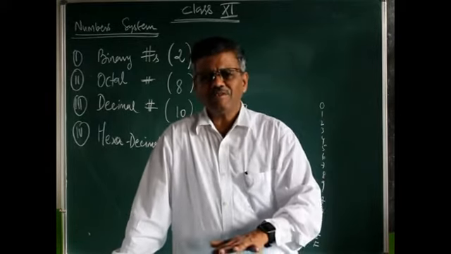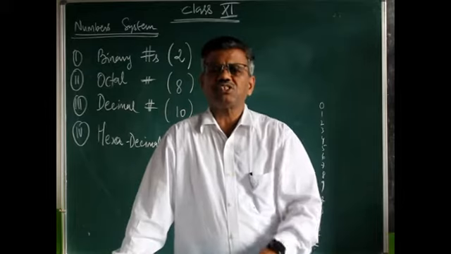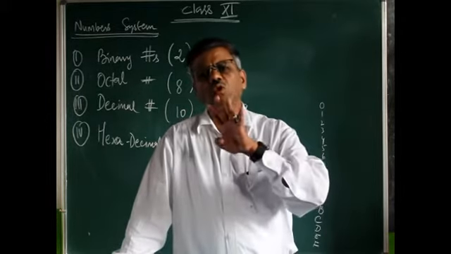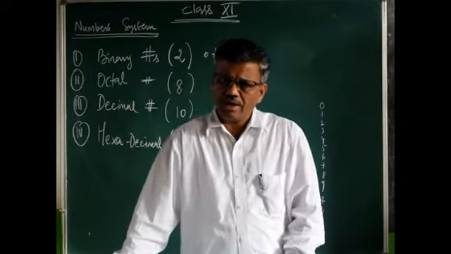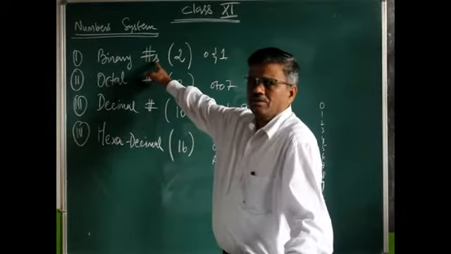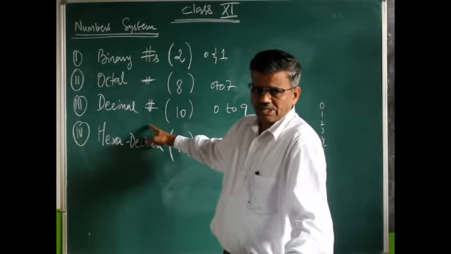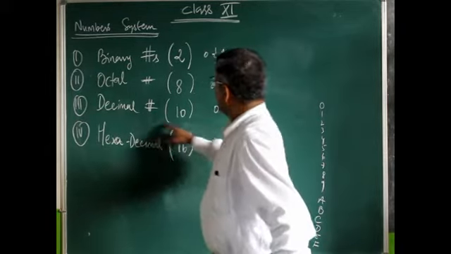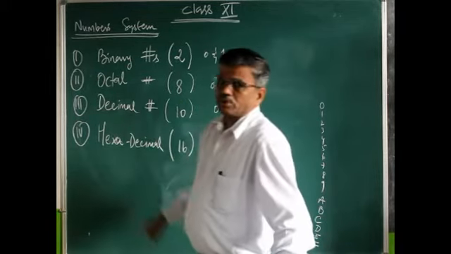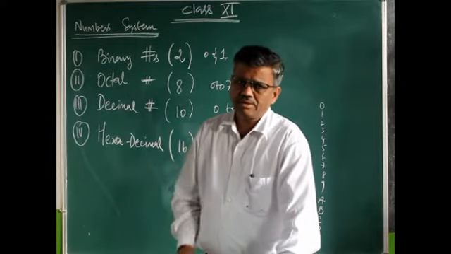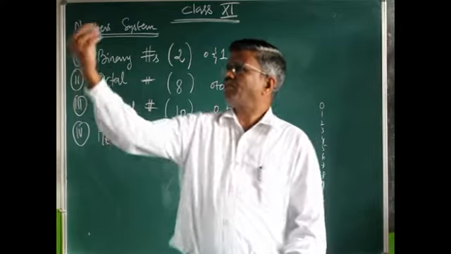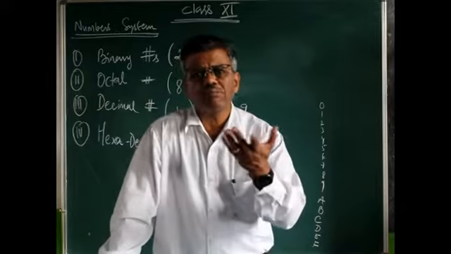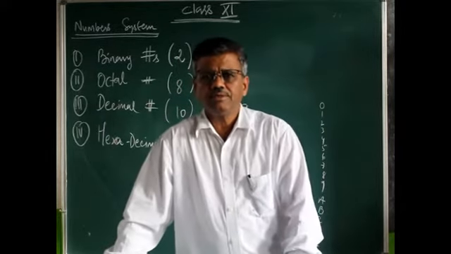The children of class 11 need to be familiar with all 4 number systems: binary, octal, decimal and hexadecimal. We are familiar with only one number system, but the computer can handle any number. If a number is flashed on your computer as octal, we will not be able to read it because we are not familiar.